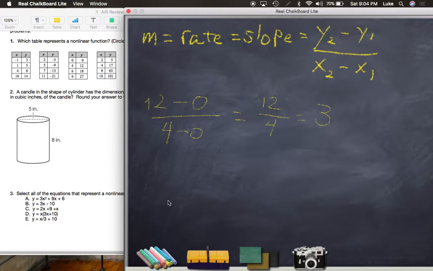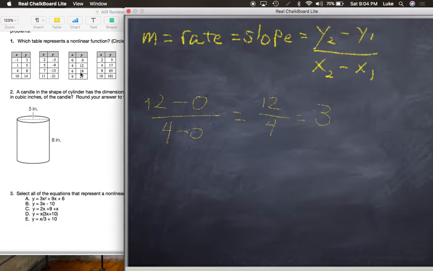Then if we go to our second set, we have a y2 of 18 and a y1 of 12. So let's say 18, and I'm sorry, an x2 of 6. So we're going to say y2 minus y1, 18 minus 12 over 6 minus 4. That will give us 6 over 2.